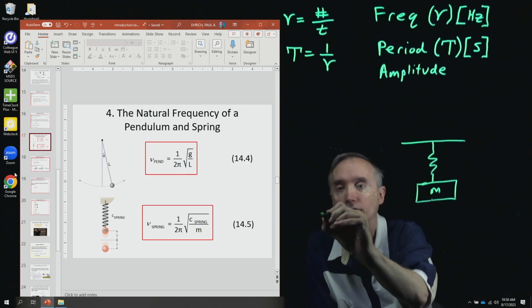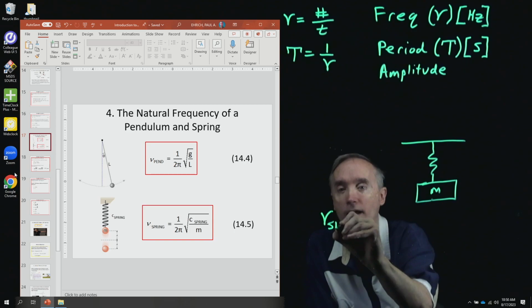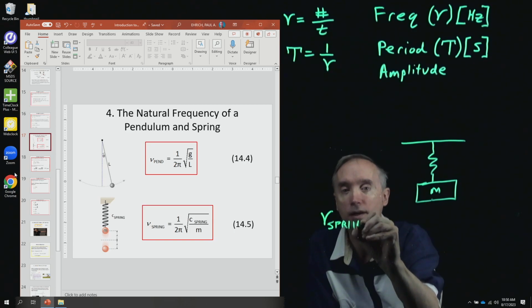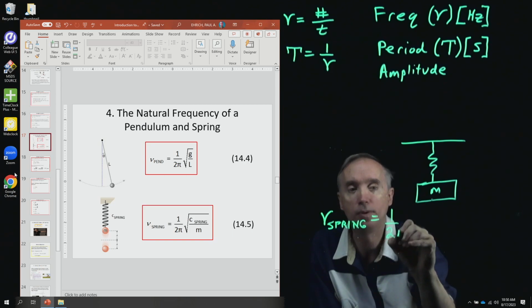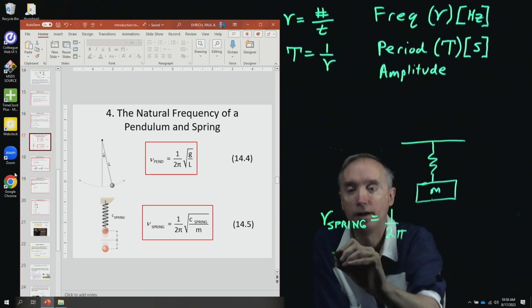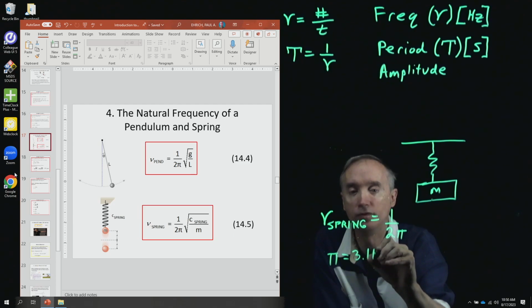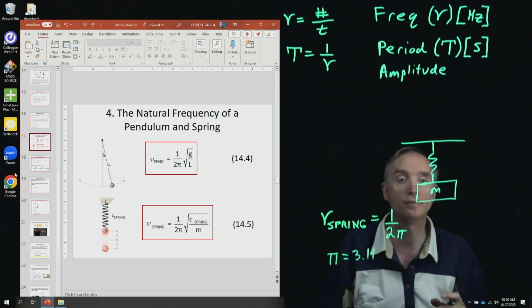And so the frequency of a spring is going to be given by 1 over 2 pi, where pi is a constant which is equal to 3.14 to 3 significant figures.